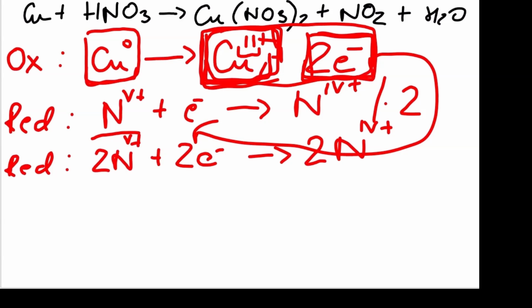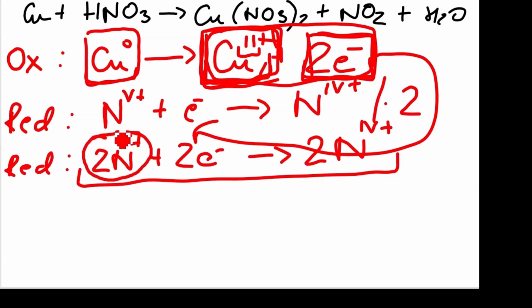Let's check the reduction reaction. On the left side, according to this atom, the charge is equal to 2 times +5, which gives us +10, plus 2 electrons, so +10 plus -2 gives us +8.